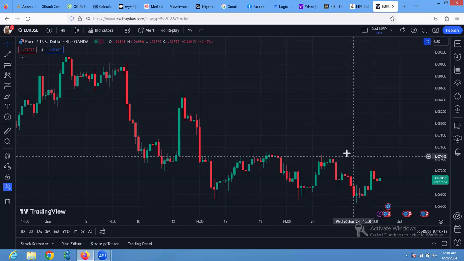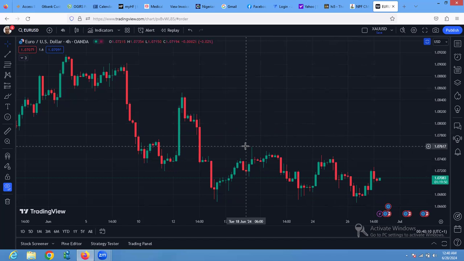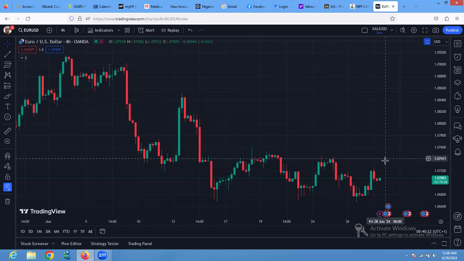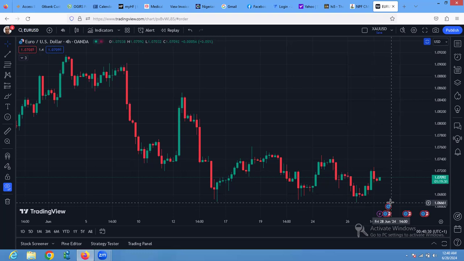So the price would have to break this point, 1.076. The impulse would have to travel to break 1.076 before we say we've ended. Now for euro dollar, this may not break the bottom because we've more or less had a fixed bottom here.